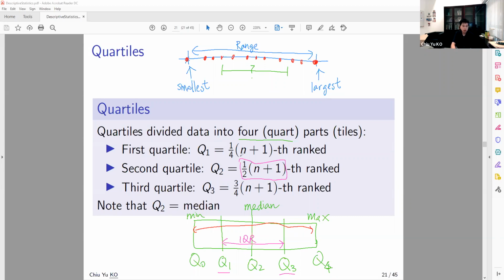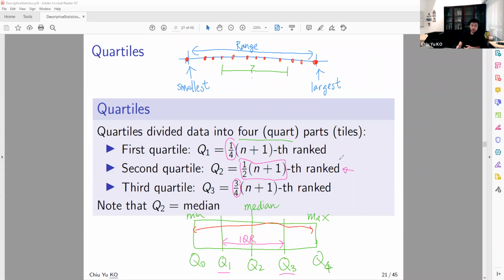So the first quartile will be 1/4 of n plus 1, and the third quartile is not the same. Sorry. So here, the median or Q2 is easy to define. Later you will see Q1 and Q3.